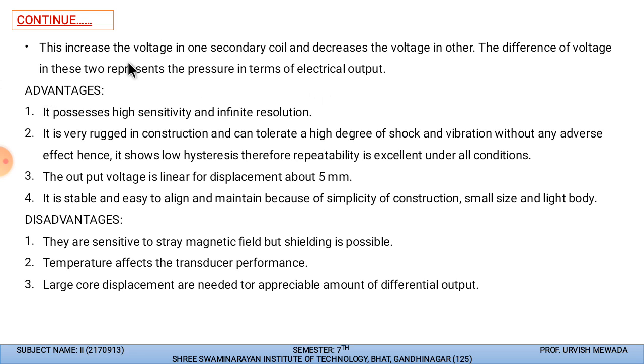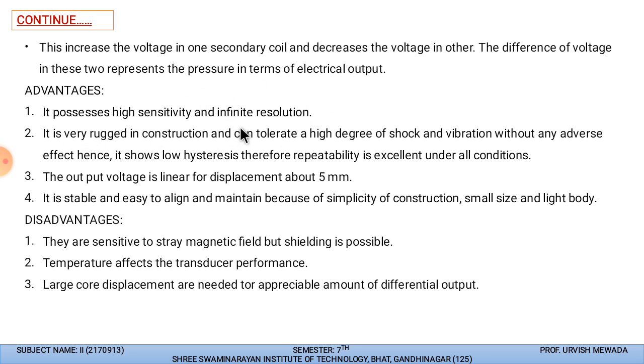Let us discuss the advantages of this system. It possesses high sensitivity. We know that as the core moves, the EMF will change, so it possesses high sensitivity and infinite resolution. This LVDT has a good resolution, and it is very rugged in construction.